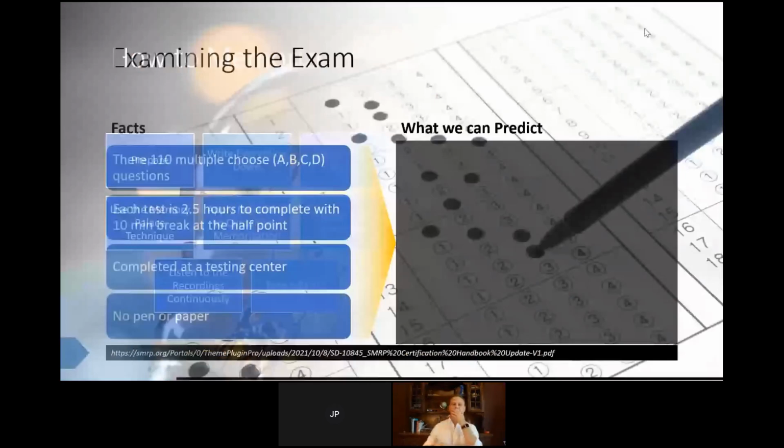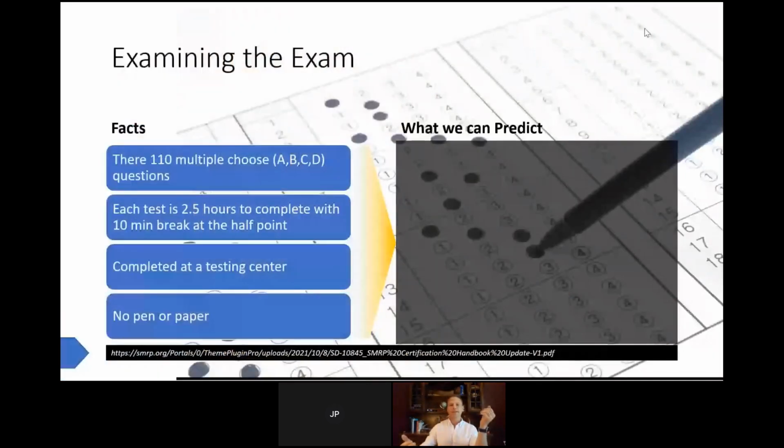So if you look at the CMRP exam, and this is out of the handbook that you can get on the SMRP website, it's about 27 pages, I believe. But the facts about the exam: there are 110 multiple choice questions, A, B, C, and D. You're allowed 2.5 hours to complete, and you have a 10-minute break at the halfway point.